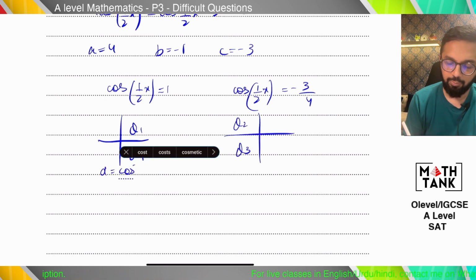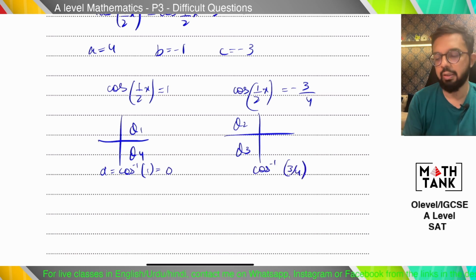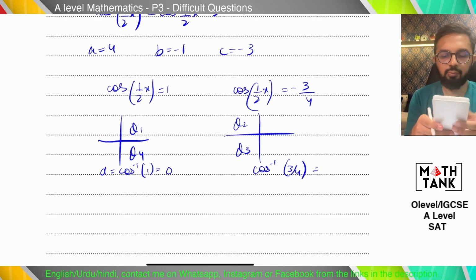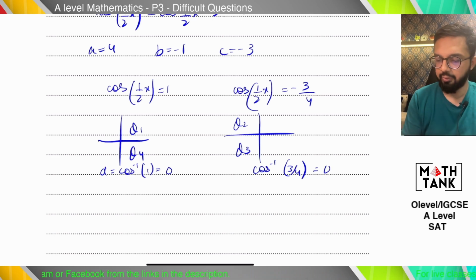Cos inverse of 1 is 0, and cos inverse of 3 over 4 is 0.723.